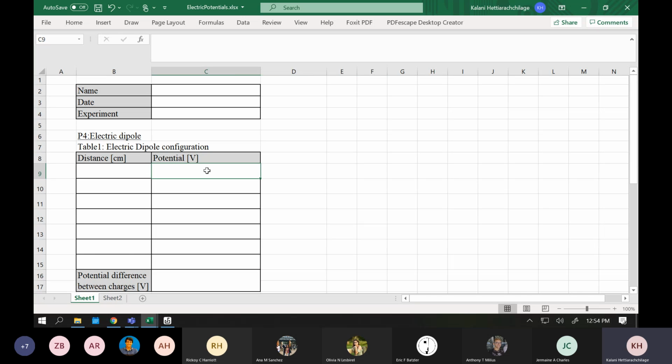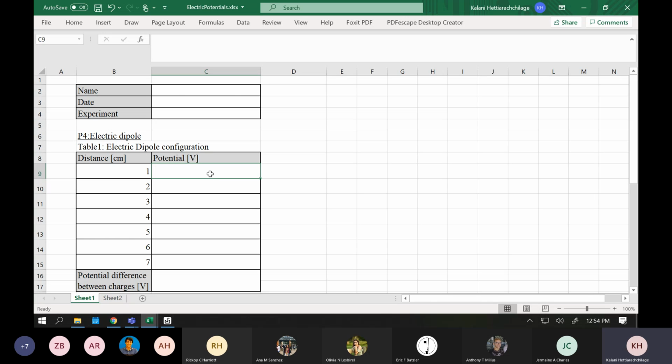So for the first potential, usually those lines are separated by around 1 centimeter each. In that horizontal line they are separated by around 1 centimeter, right? Yeah. So everybody has the 1 centimeter gap. We're going to write 1, 2, 3. Those are the 7 lines I have.